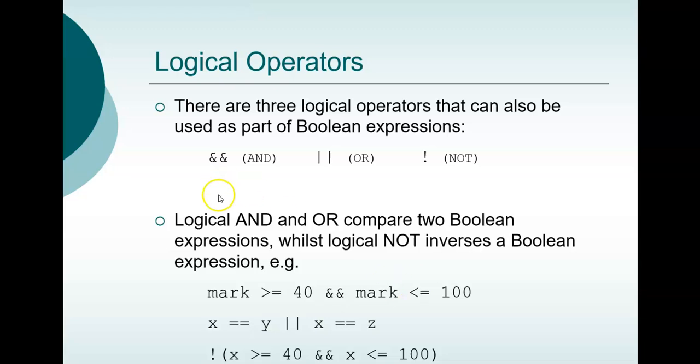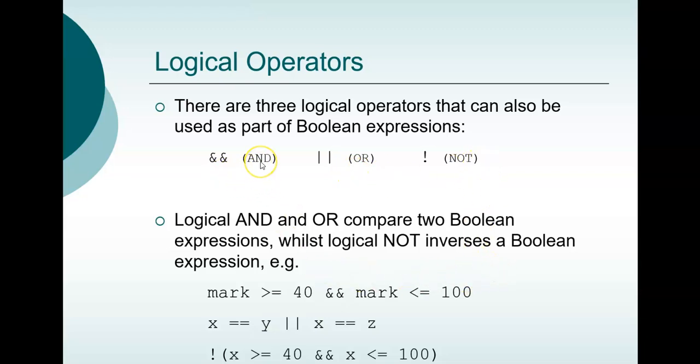We also have what they call logical operators. Also, there are 3 basic logical operators that can be used as part of a Boolean expression. We have the AND operator, the OR operator, and the NOT operator. And I think in your computer fundamentals, you talk about the logic gates, the AND, the OR, and the NOT.